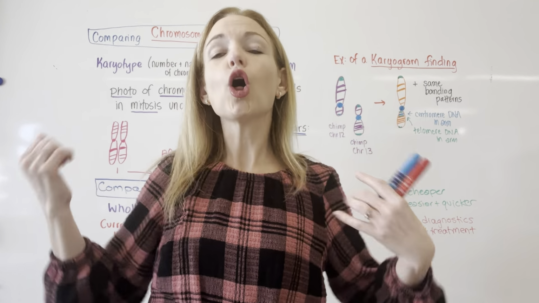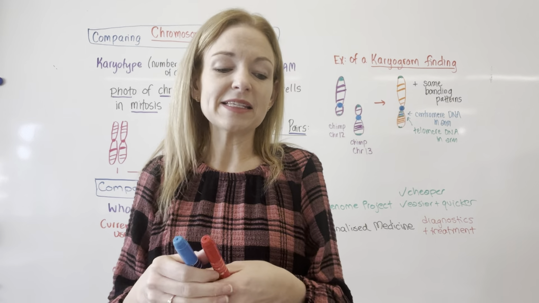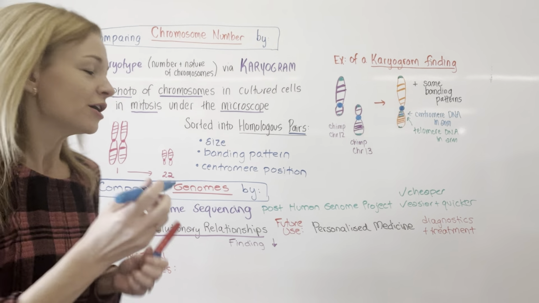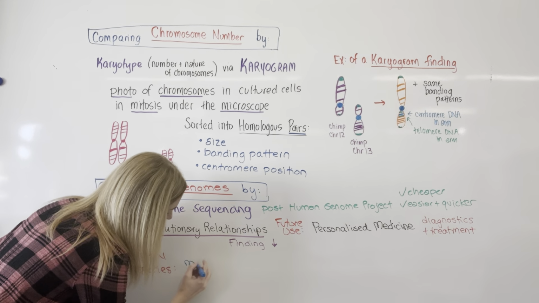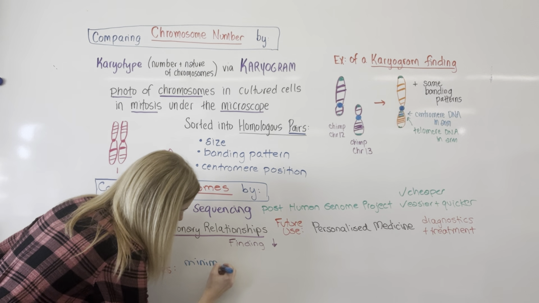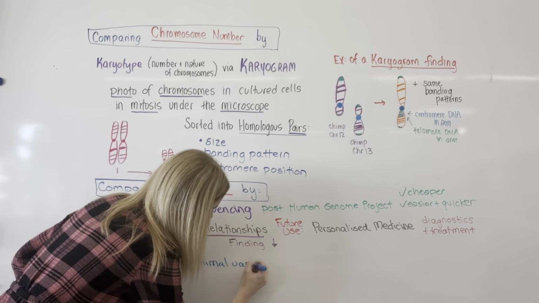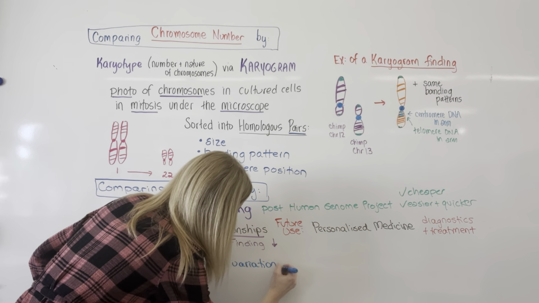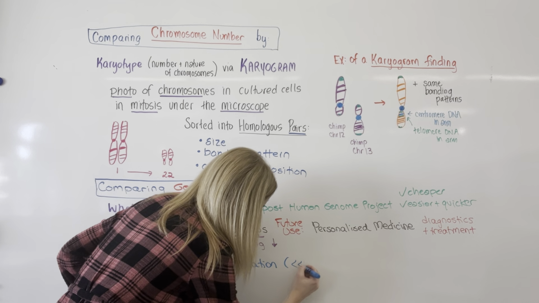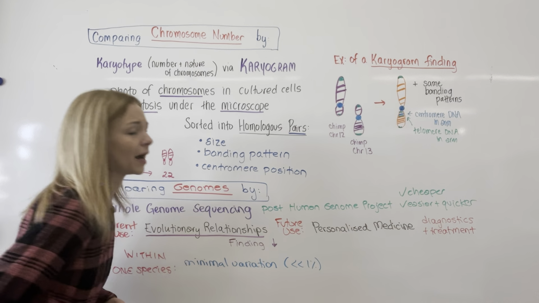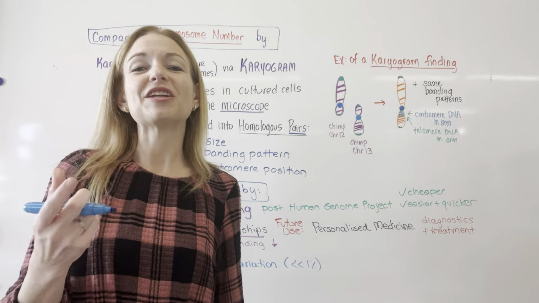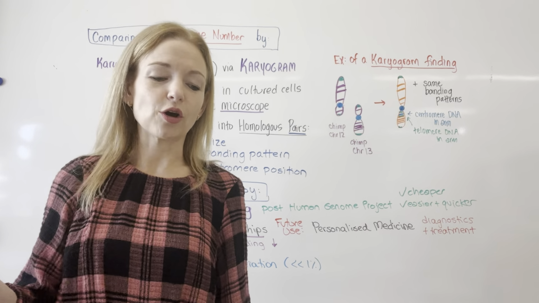But if we look at a whole genome within a species, they should be highly, highly similar. So we should see minimal variation, and we should see much less than 1%. I think it's about 99.9% in humans. So a fraction of a percent if we look across the whole genome.